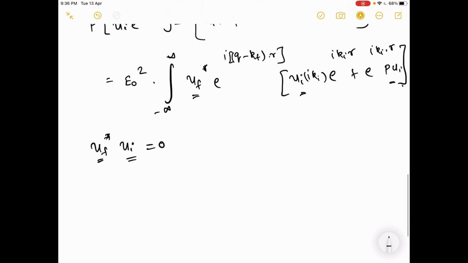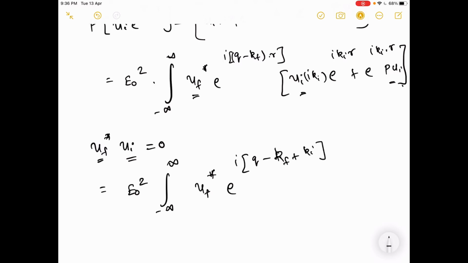So it will finally lead to only one term here, which will be integral minus infinity to infinity uf star into e power i q minus kf plus ki dot r into P ui dr.